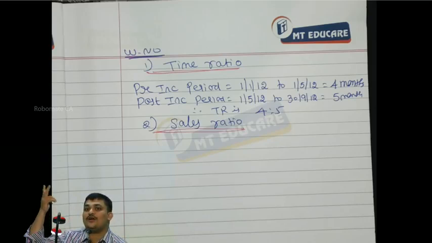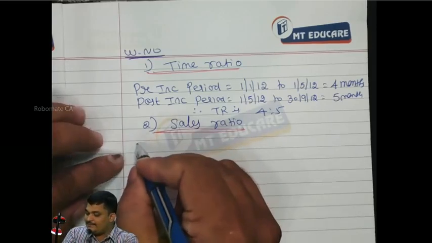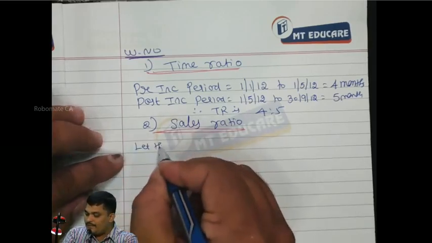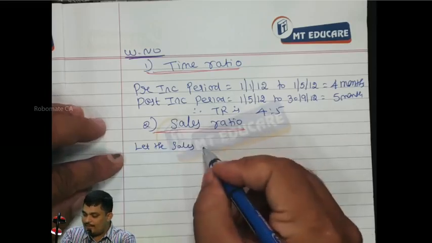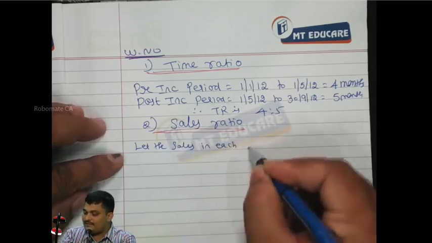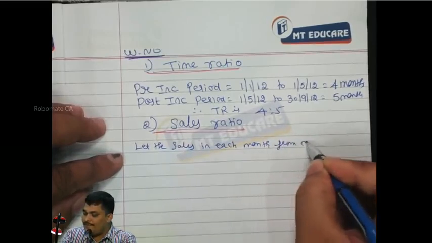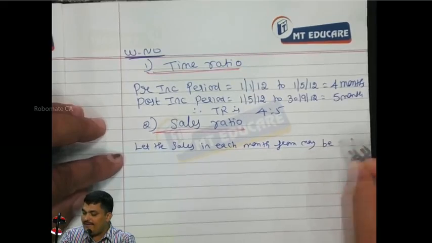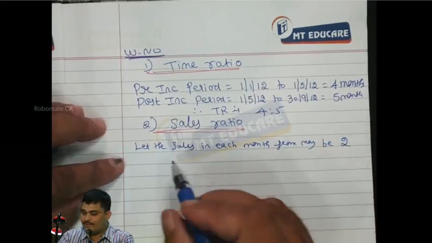If from the 5th month onwards it is 2, then the first 4 months will be 1. Let the sales in each month from May be 2.